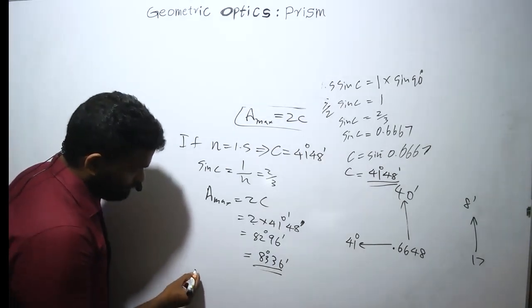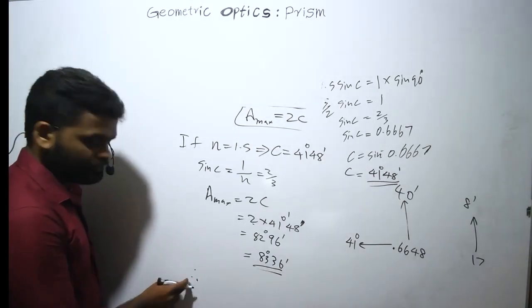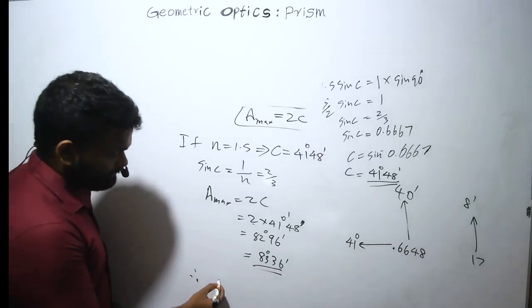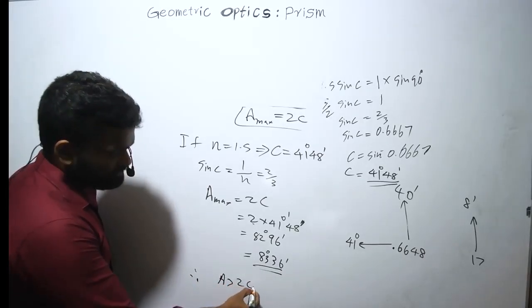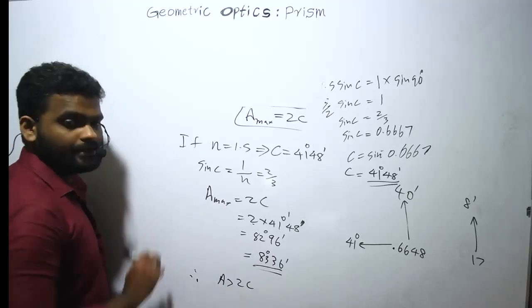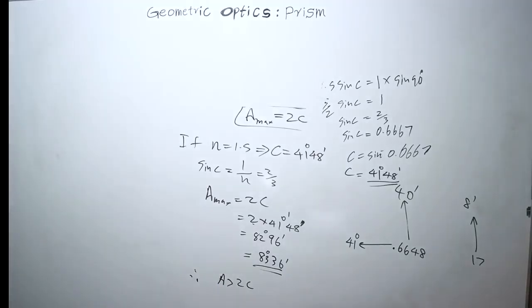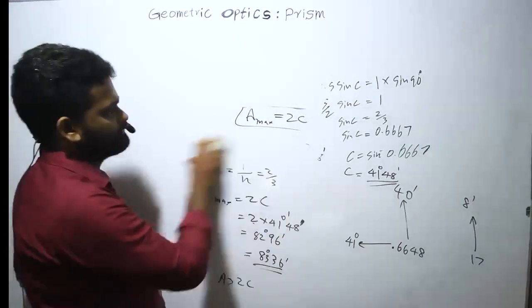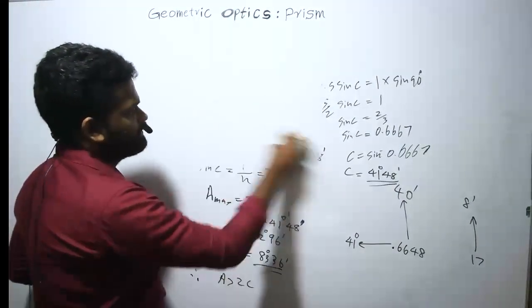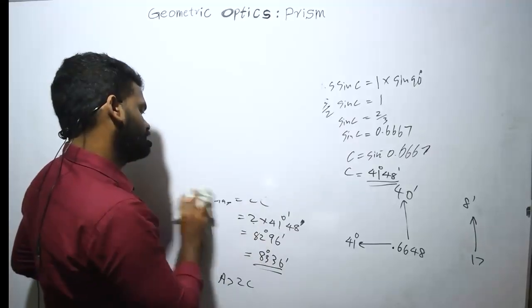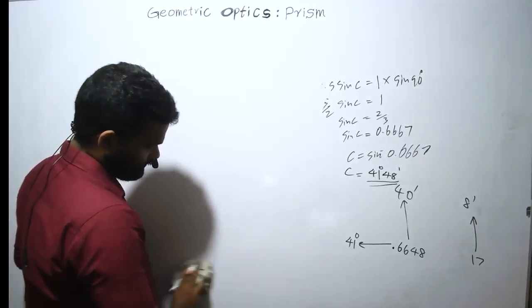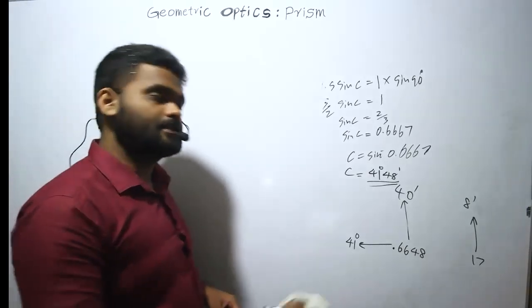Okay, below this, right, therefore, 3 dots. If A greater than 2C, none of the rays will emerge from the second surface.